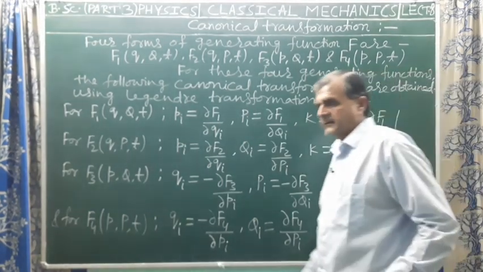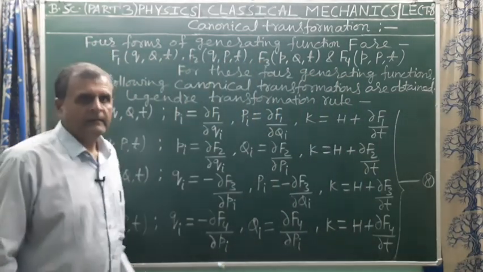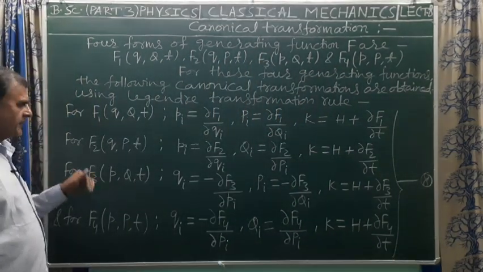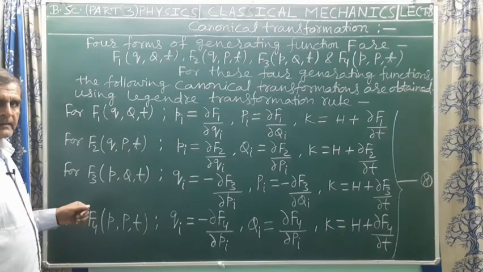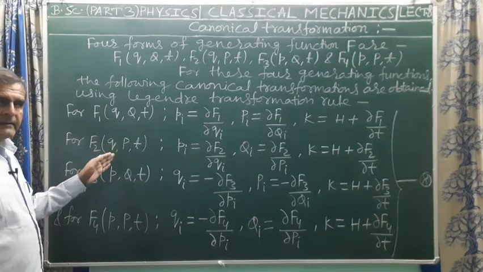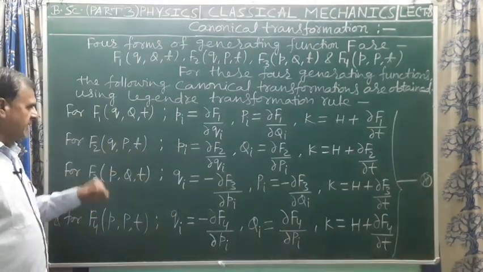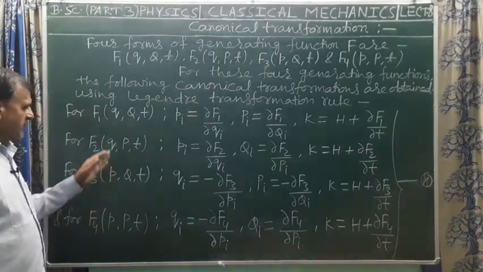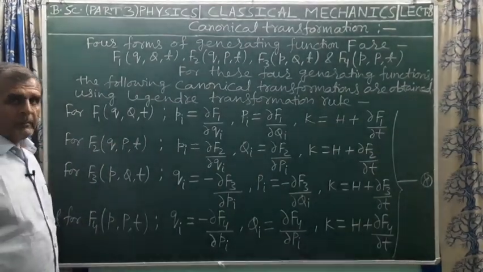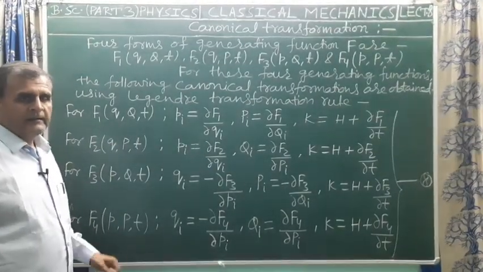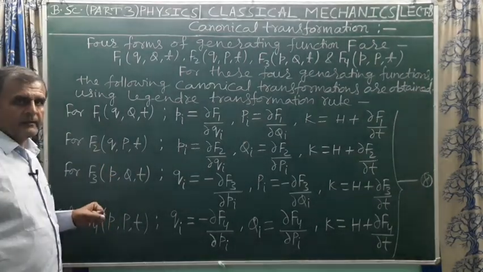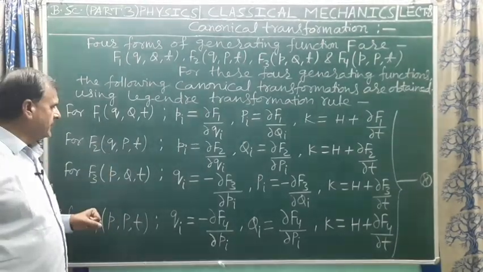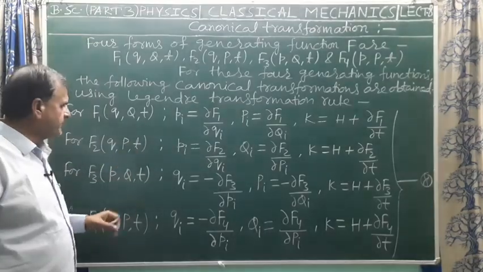Now for the second generating function capital F2, which is a function of small q, capital P, and time t. Capital P is the momentum coordinate in the new system, small q is the position coordinate in the old system, and small t is the time.